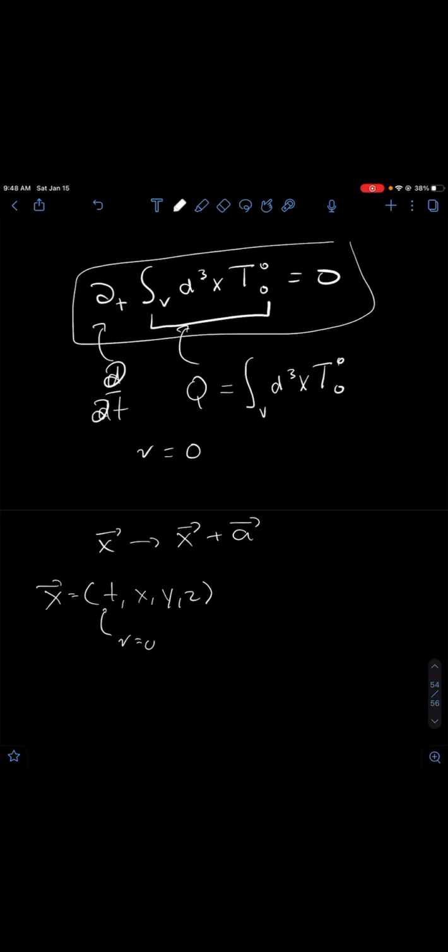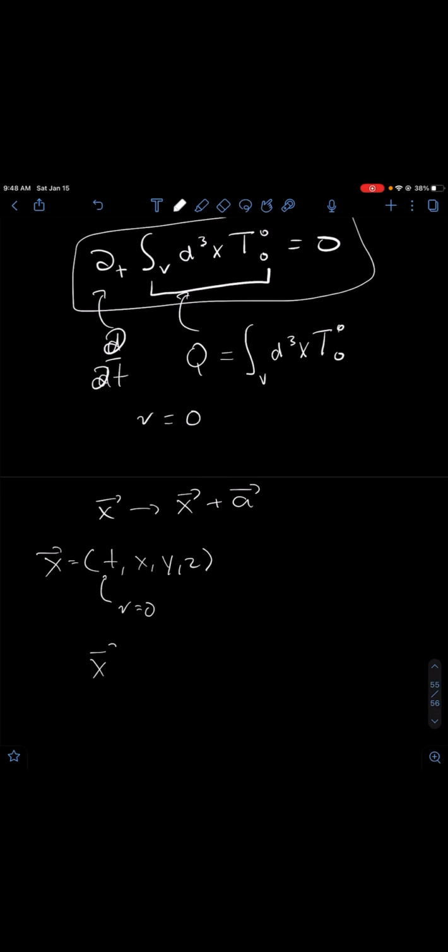We can write some space-time point as x^ν, where ν equals 0 here, ν equals 1 here, ν equals 2 here, and ν equals 3 here.